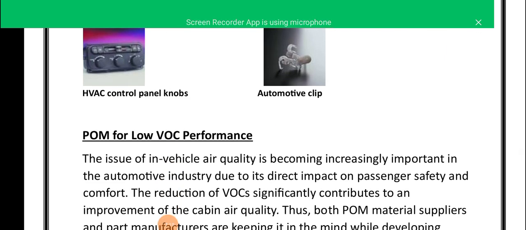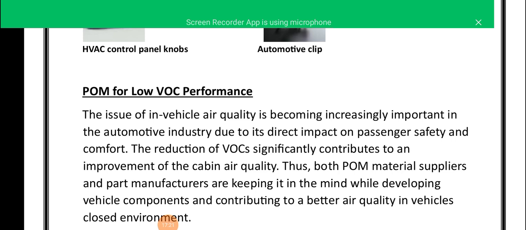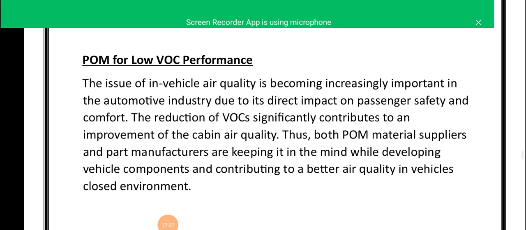Polyoxymethylene for low volatile organic compound performance. Volatile organic compounds are a group of organic chemicals that can evaporate into the air and may have short or long term adverse health effects. Volatile organic compounds are often found in various products, including paints, solvents, and household cleaners.